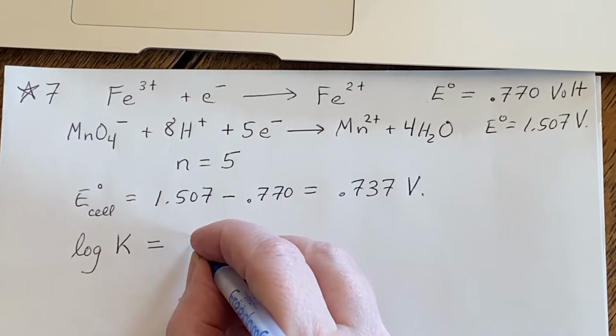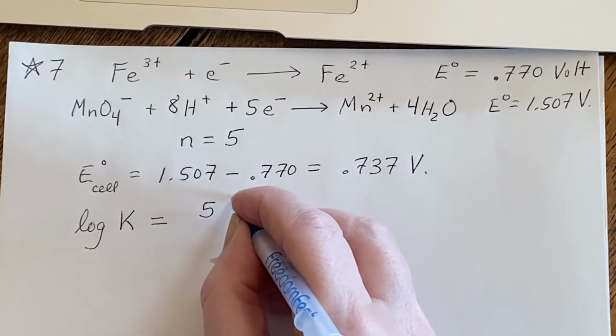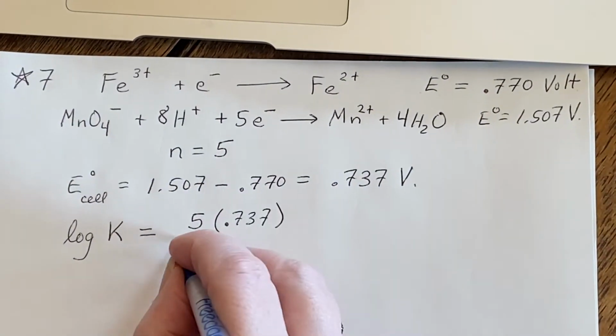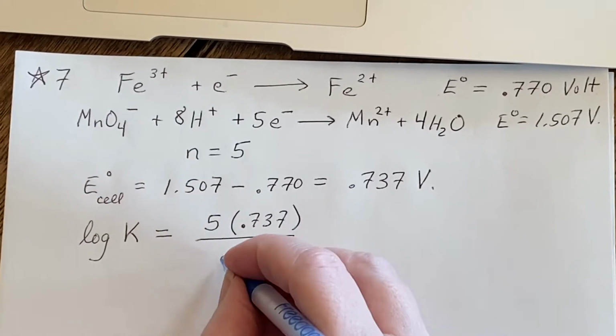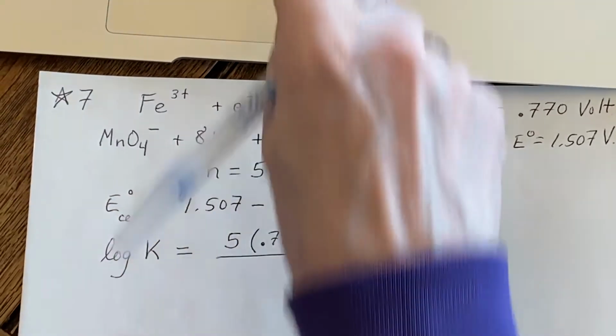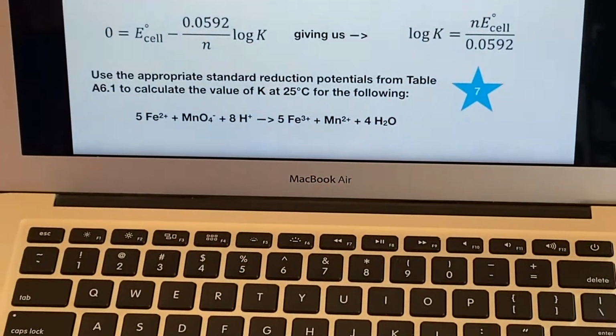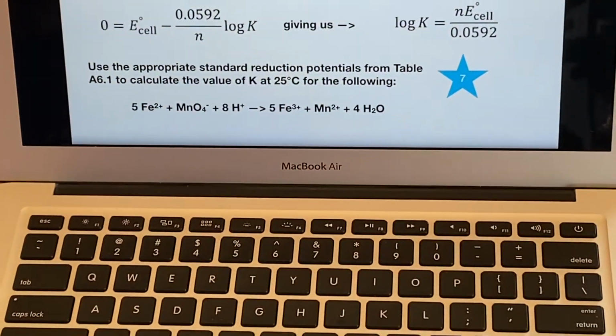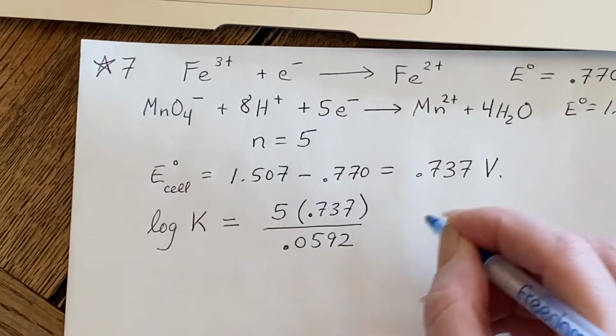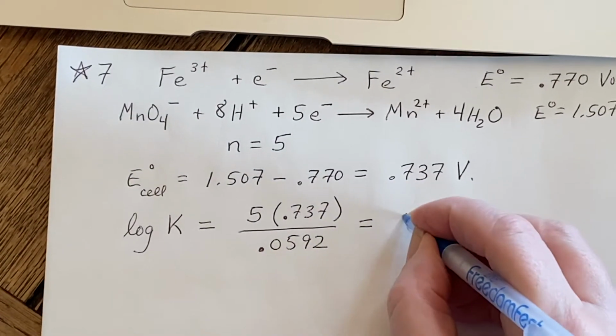Excellent. Now, we had said something about what the log base 10 of K was for an equation. We said that we were going to use N, and then we were going to use E. And on the bottom, oh yes, they say this is at 25 degrees Celsius, so I can just use the 0.0592 and that'll be fine. When I do that, I get a number.